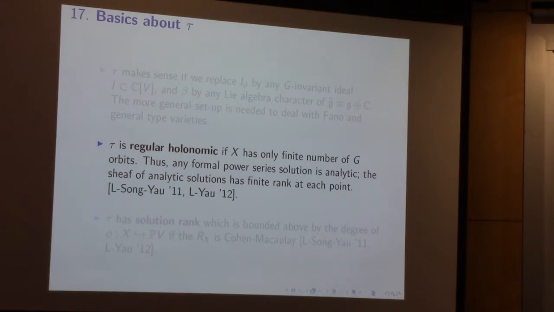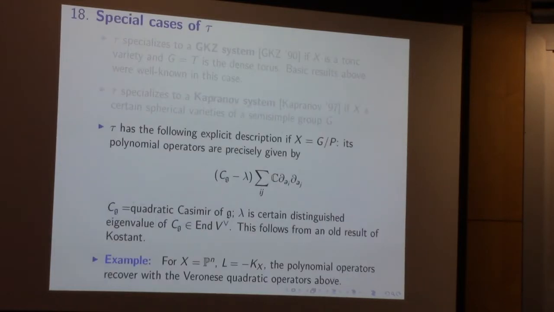Okay, so here are a couple of basic properties about tautological systems. If one assumes that X has a finite number of G orbits, then tau turns out to be regular holonomic. That means any formal power series solution is automatically analytic, and the sheaf of analytic solutions has finite rank. It's a local system of finite rank.